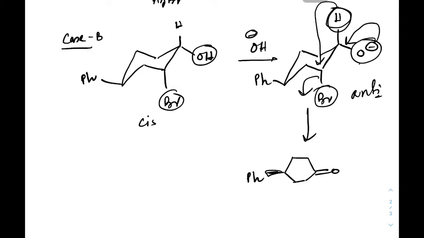You can also explain that this OH minus takes the hydrogen because this hydrogen is more acidic in this system due to the presence of OH there, and after taking this hydrogen there is just an elimination reaction.